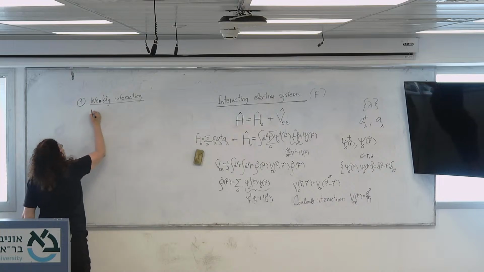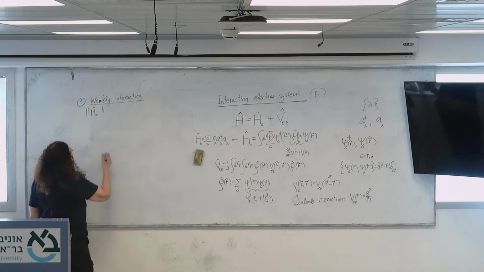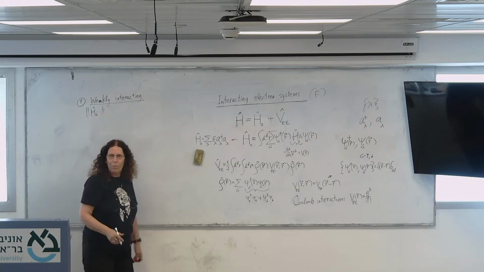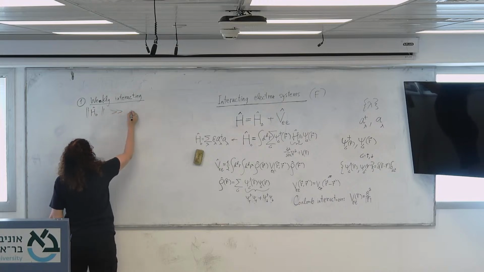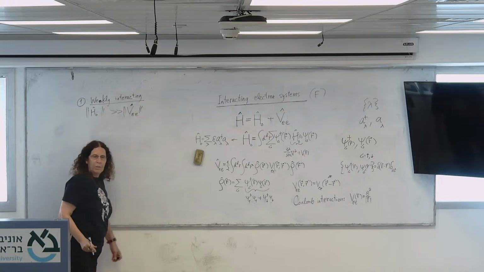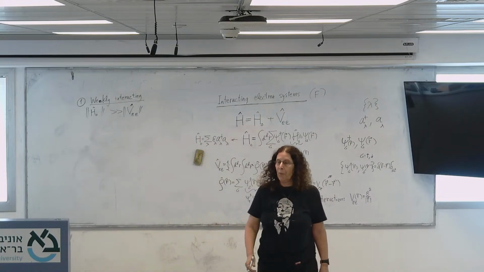This is the case where H naught, if I'm trying to quantify it, of course it's an operator, so it's not a number that has a value, but if I'm looking for typical energies, it's much bigger than the interaction. Okay, so the interaction can be treated perturbatively.